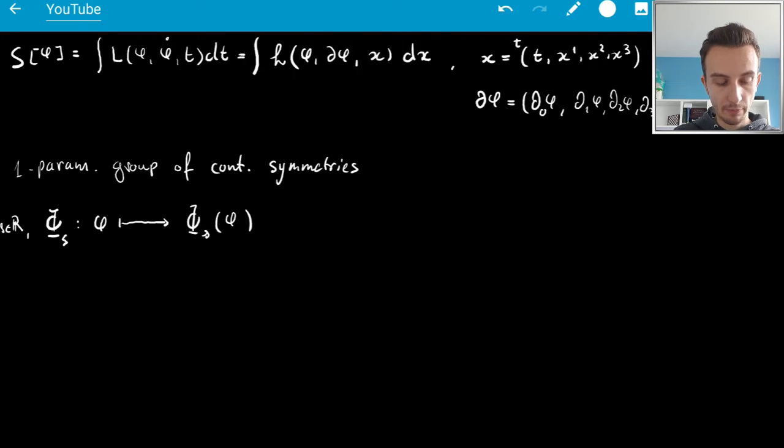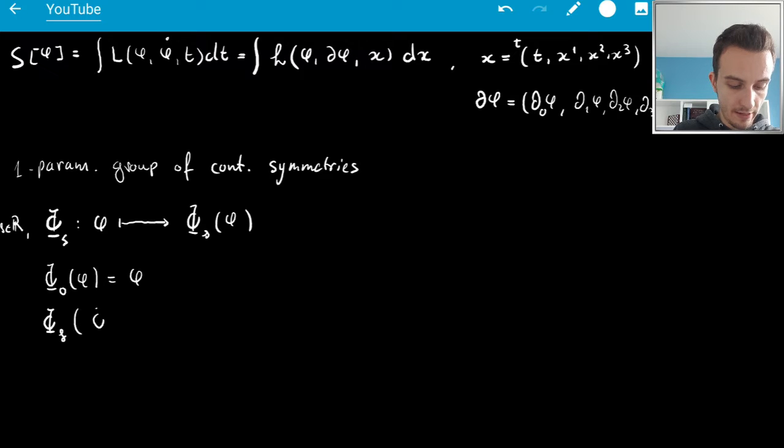So what I mean by that is I can differentiate it. Also a property is that phi 0 of phi is phi, and phi s of phi t of phi, although we're not going to need this property, is phi s plus t of phi.